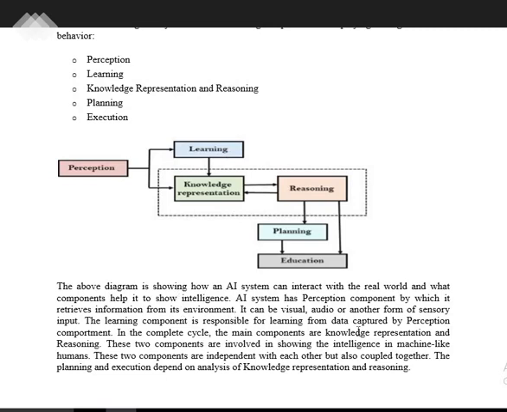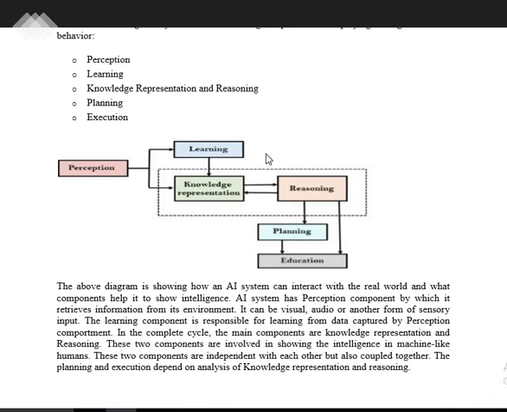The learning component is responsible for the data captured by the precipitant component. In this complete cycle, after the knowledge has been represented, it also needs reasoning, that we need to think, we need to manipulate, or as we say, हमें विचार करना होता है कुछ चीज़ों का.